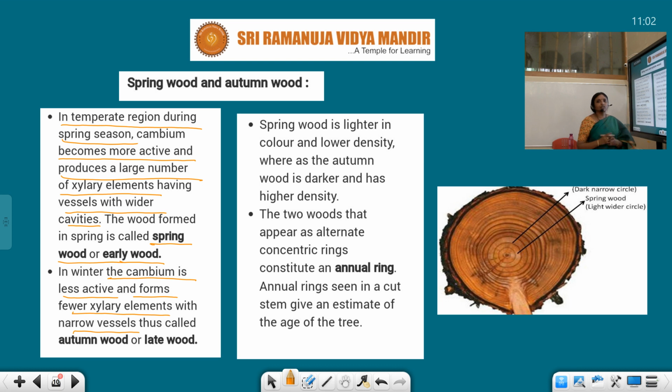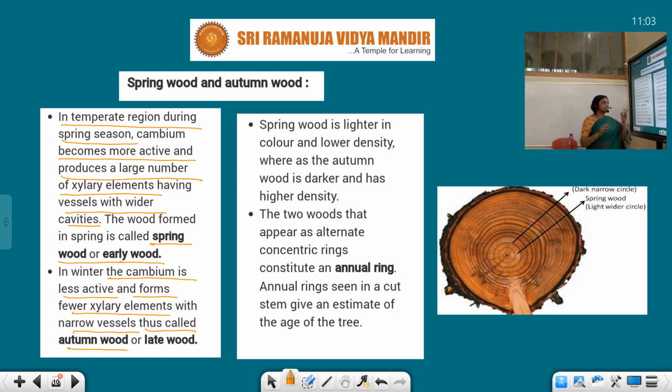At that time water is not that necessary, so fewer xylem vessels are formed. That wood is known as autumn wood or late wood. So in each plant, two times secondary wood is formed. Secondary xylem is called wood.